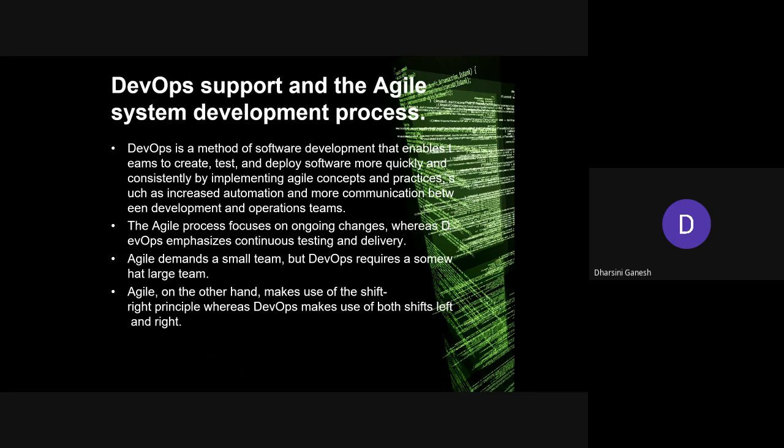This can include automation as well, and more communication between development and operations teams. The agile process focuses on ongoing changes, whereas DevOps emphasizes continuous testing and delivery. Agile demands a small team, but DevOps requires a somewhat larger team. Agile makes use of the shift-right principle, whereas DevOps makes use of both shift left and right.